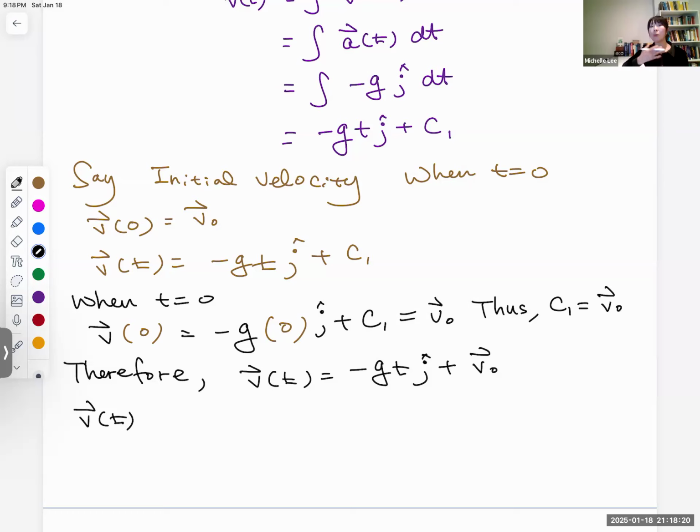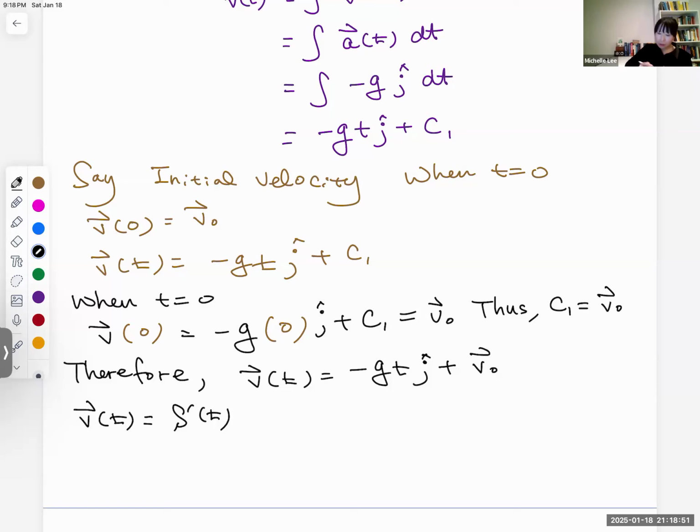We had r prime of t earlier, right? But let's just use s prime of t, correct. So I'm not using r, I'm using s. We can use any variable, right? Yeah, velocity is the same as the first derivative of the original function, right?